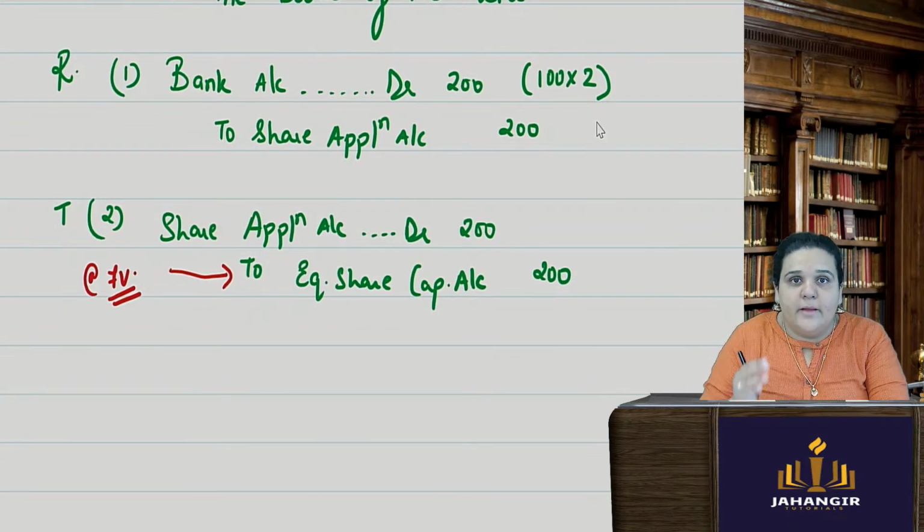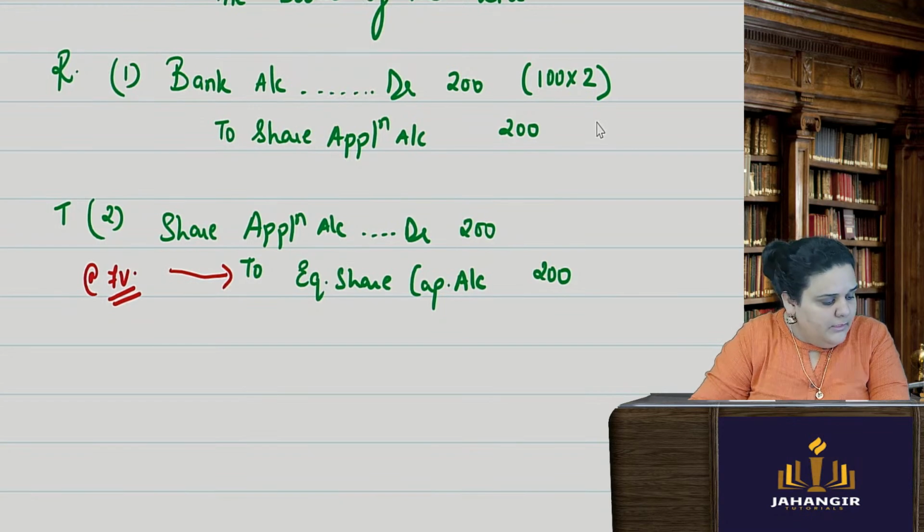I am telling all this why? Because say if tomorrow shares are issued at premium or issued at discount, or reissued at discount, then what will happen? So remember this one thing, equity share capital always at face value. Even in the exam MCQs are asked on how much amount is equity share capital debited or credited. You should always know that whatever number of shares you are taking, you multiply by the face value of that particular share.